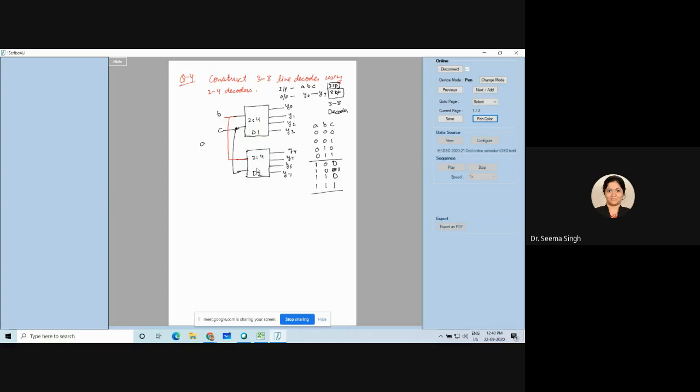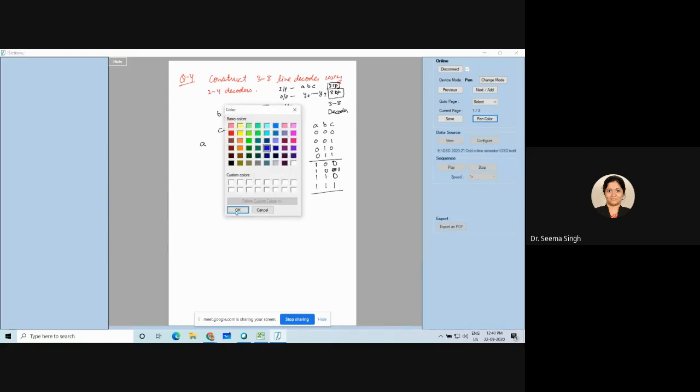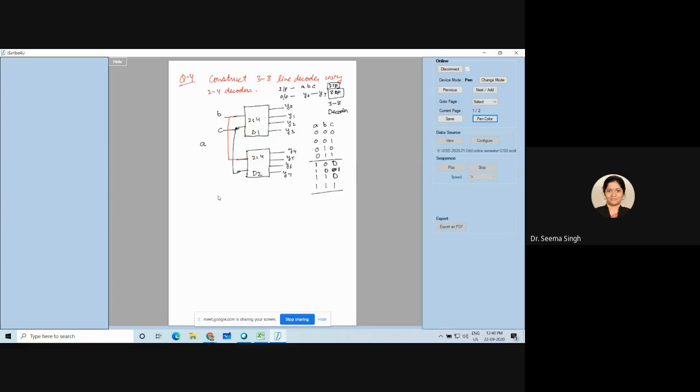A will also come into the picture. I never told whether it is active low enable or active high enable, so let me take it as active high enable only, just to make it simple. These are your inputs, and I will have my enable input.